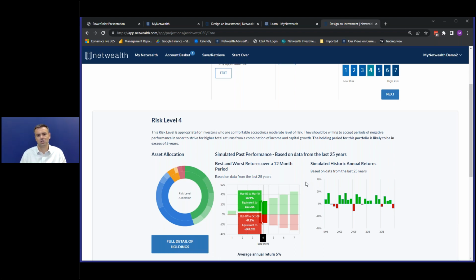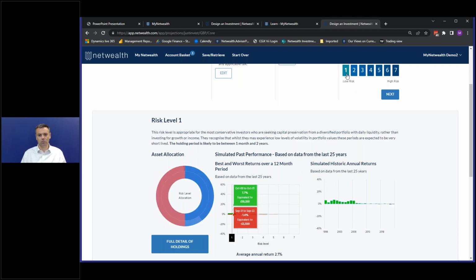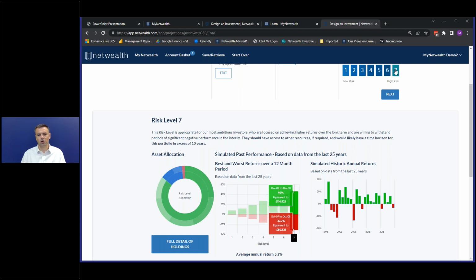And as you would expect, as you move from risk level 1, our most cautious portfolio, up to risk level 7, you can see that the range of expectations will increase. So it's important for clients to understand what the overall portfolio experience is likely to be. Another way of picturing that, on the right-hand side, is to think about the individual years, what this portfolio might have seen in different environments.